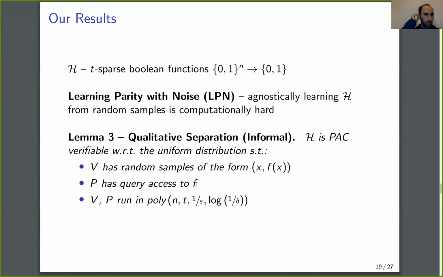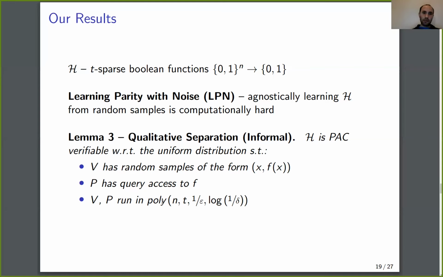And both the verifier and the prover are efficient. They run in time polynomial in the parameters of the problem, and they both use samples or queries polynomial in the parameters of the problem and so on.